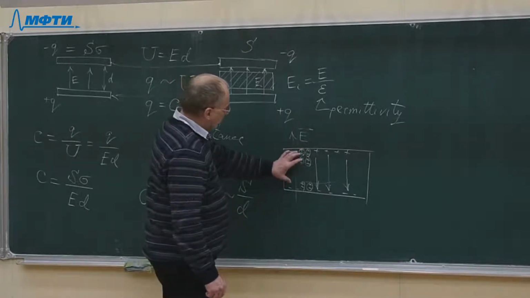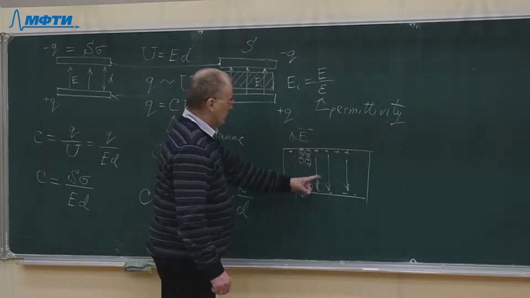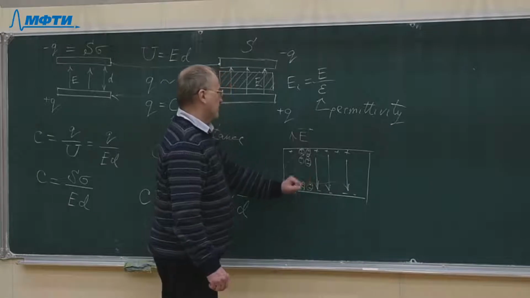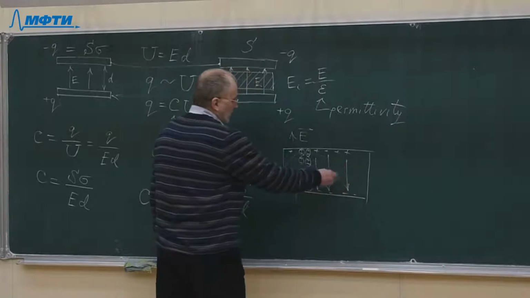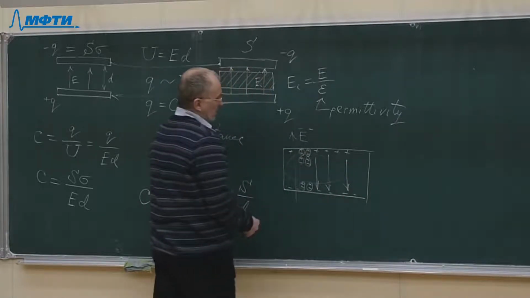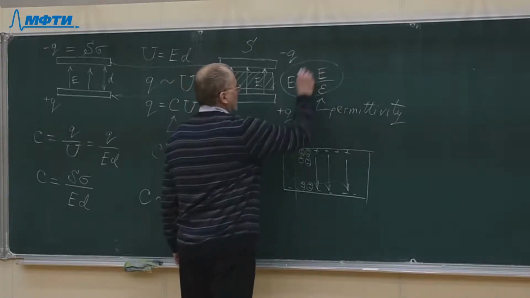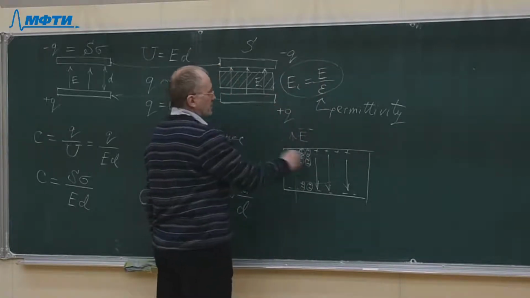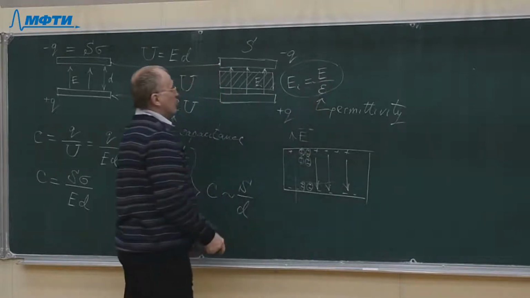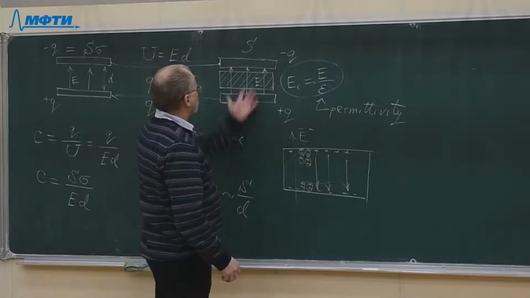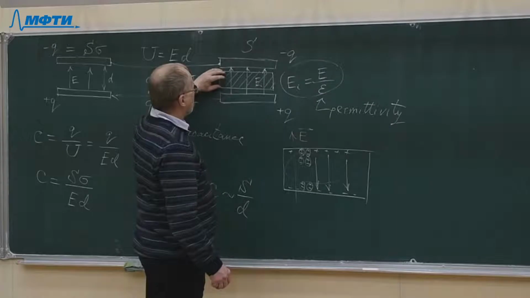So inside the dielectric, the external field will be diminished by the magnitude of the internal field, and the net, or resulting, field inside the dielectric will become smaller. This fact is reflected by this formula. The resulting field inside the dielectric is a few times smaller than the initial field that existed in this space before the dielectric substance was inserted here.